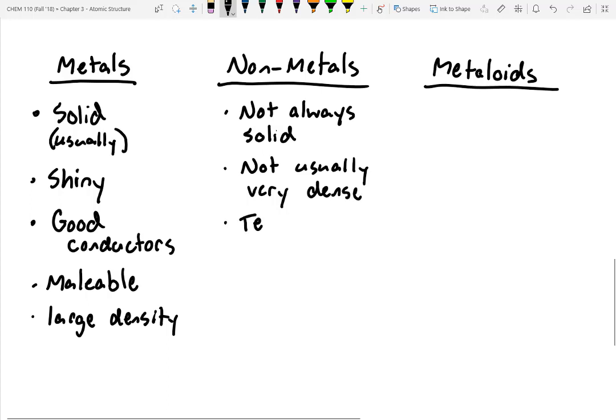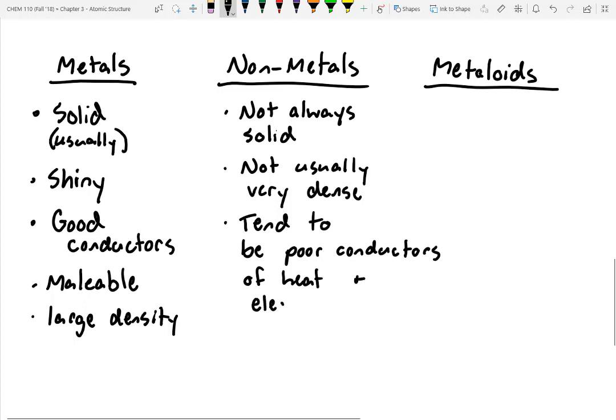And they tend to be poor conductors of heat and electricity. There are some exceptions to this. So for example, graphite in your pencil is made up of exclusively carbon. Carbon's a non-metal, but it can actually conduct electricity rather well. So there are exceptions to these rules. And then metalloids are kind of in between.